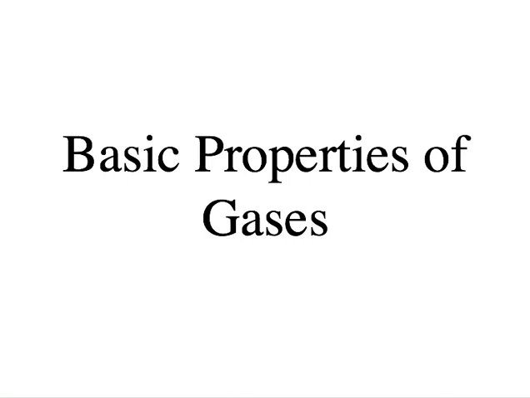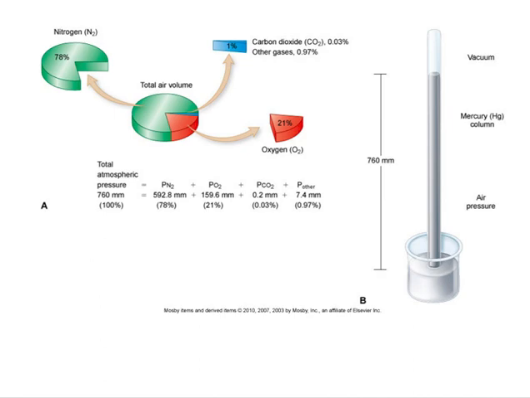Next, we'll be discussing two laws that infer the way that gases are exchanged in the body. So gas exchange in the body is governed by Dalton's law and by Henry's law. So Dalton's law of partial pressures is that the sum of partial pressures equals the total pressure.